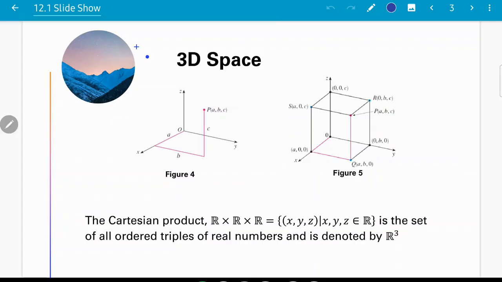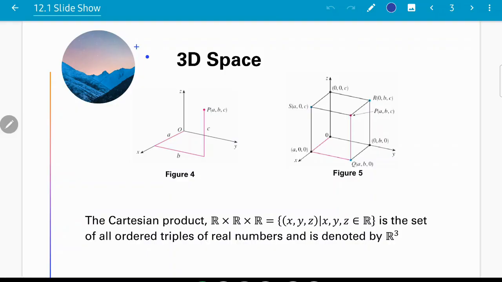Now, if P is any point in space, we let a be the directed distance from the yz plane to P, b the directed distance from the xz plane to P, and c the directed distance from the xy plane to P. We can represent P by the ordered triple a, b, c of real numbers, and we call a, b, and c the coordinates of P: a is the x-coordinate, b is the y-coordinate, and c is the z-coordinate.